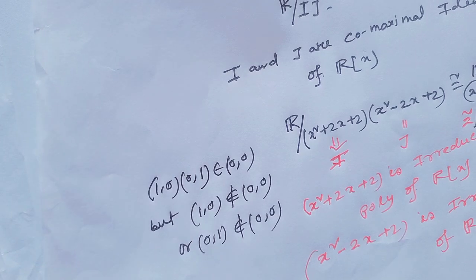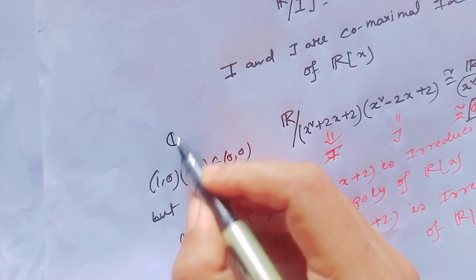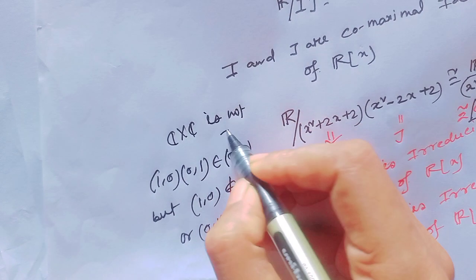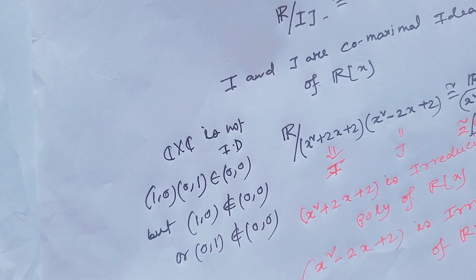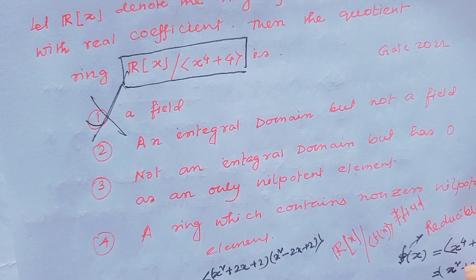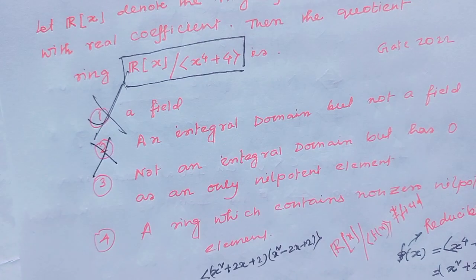So C cross C is not an integral domain because it contains zero divisors. So option 2, an integral domain but not a field, is also a wrong option.